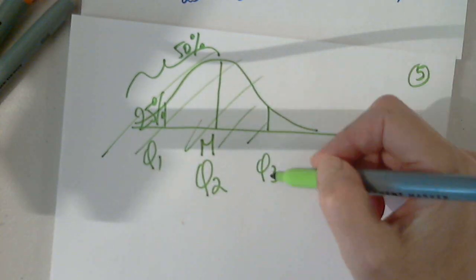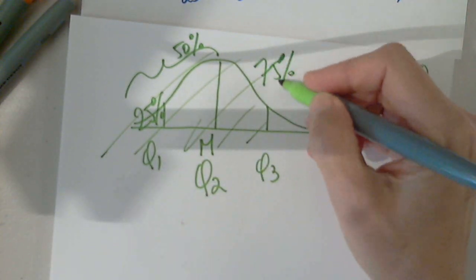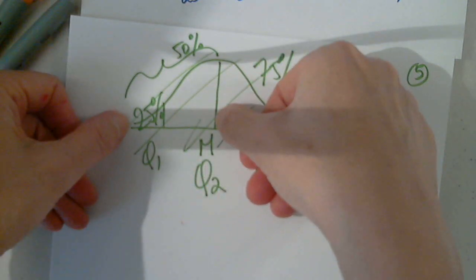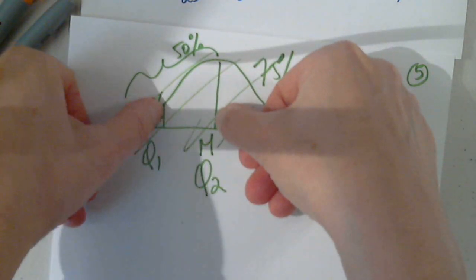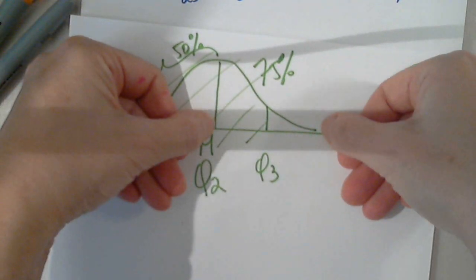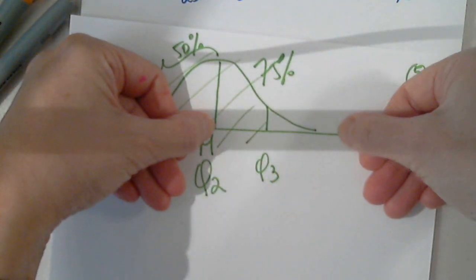This till here is 75%, and then we have the whole thing. So Q1 is exactly nothing else but the median of the first half. What is Q3? It is exactly the median of the second half.